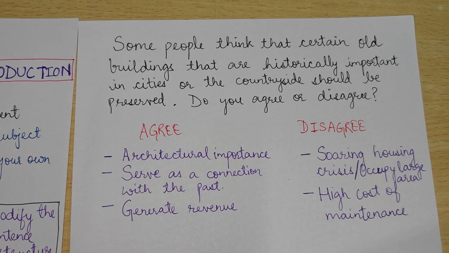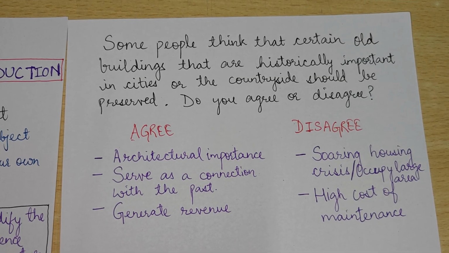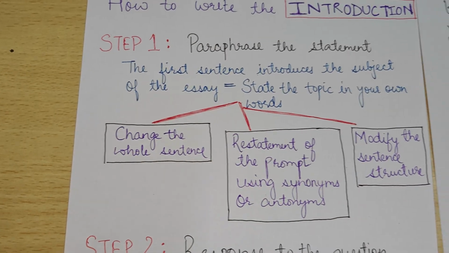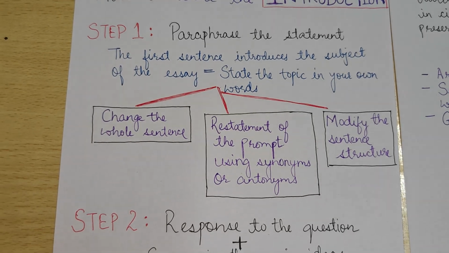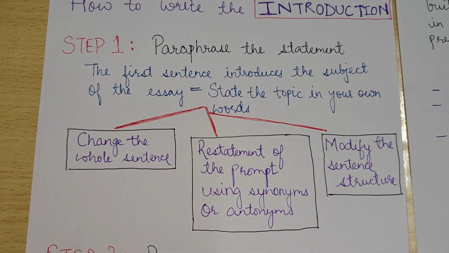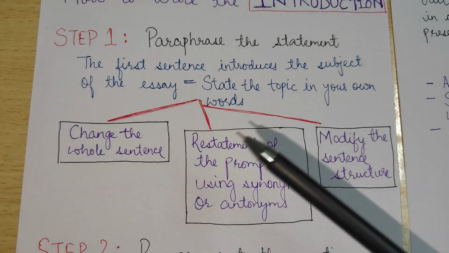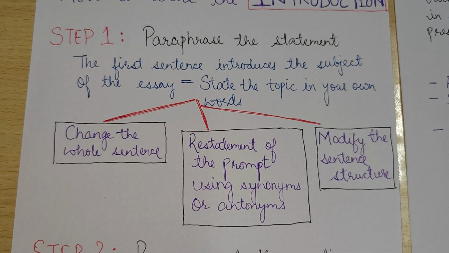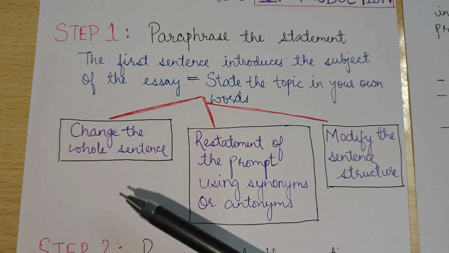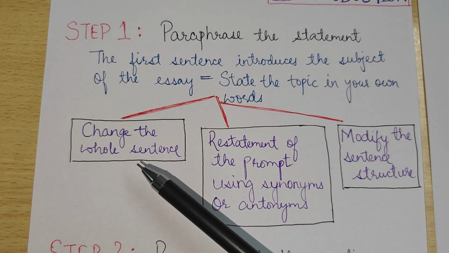So how can we frame this? There are three different ways you can choose from in order to paraphrase this statement. First is to change the whole sentence. You understand the question and the meaning of the sentence, and then you rewrite the sentence completely in a different way, but the meaning should be the same.